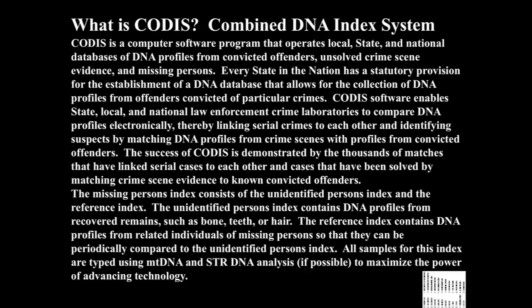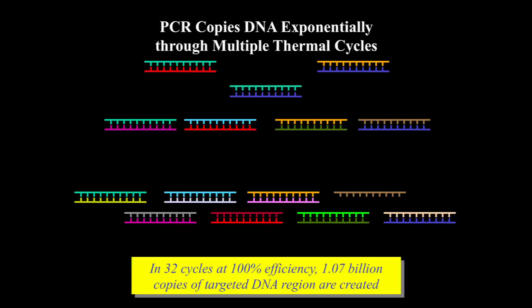I've already used the word CODIS. What is a CODIS? A CODIS is the combined DNA index system. And these 13 markers are the same, used in all 50 states to identify victims or suspects based on their DNA profile.